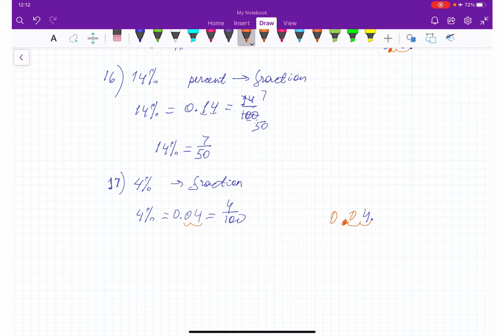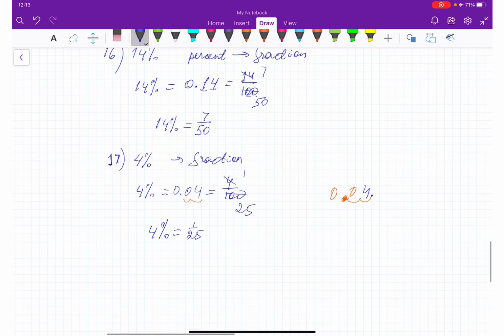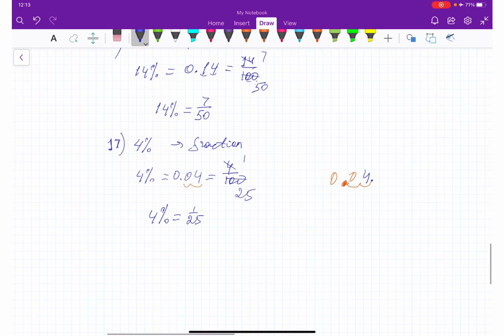So 100 divided by 4: 4 by 4 is 1, 100 by 4 is 25, which means 4% is 1 over 25.